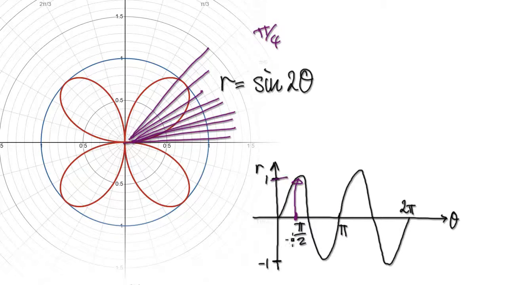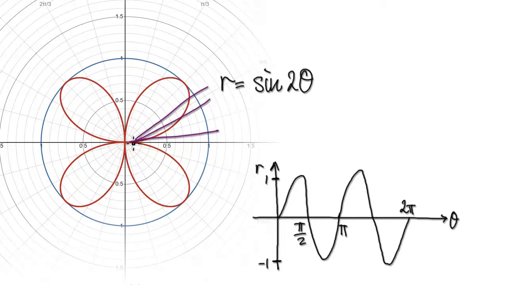By the time you get to pi over 4, the radius is 1, and you can see that the radius is of length 1. That's why it's right here.